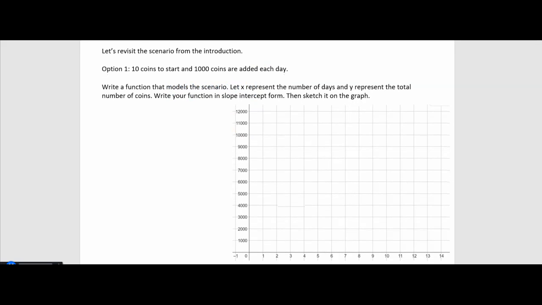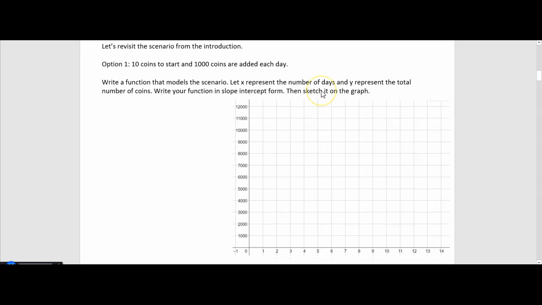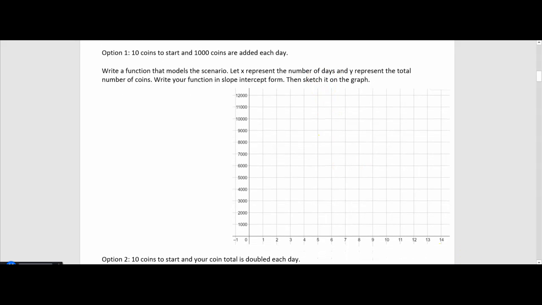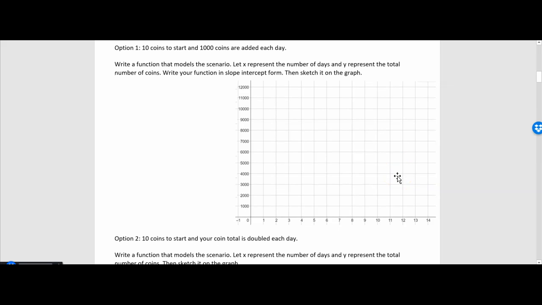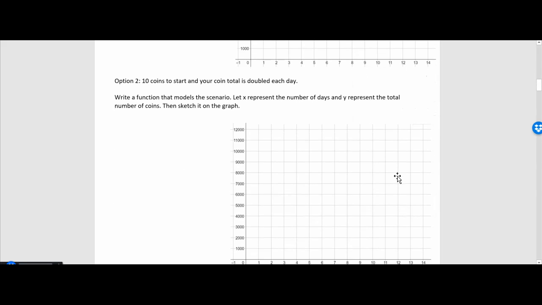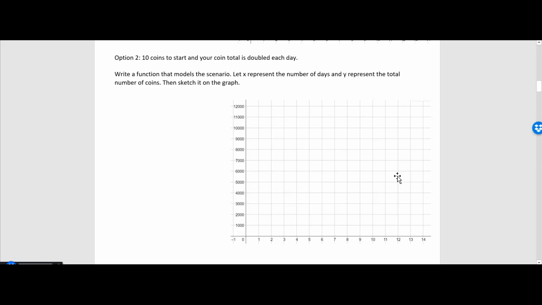So let's first get a visual of what an exponential function looks like. On this first graph, we're going to draw option 1, or option A, where we added 1,000 coins each day. Down on the graph below, we are going to sketch what option 2 would look like, where we double the amount of coins every day.